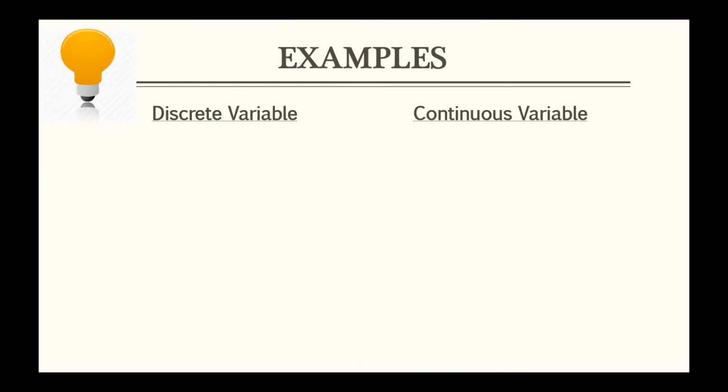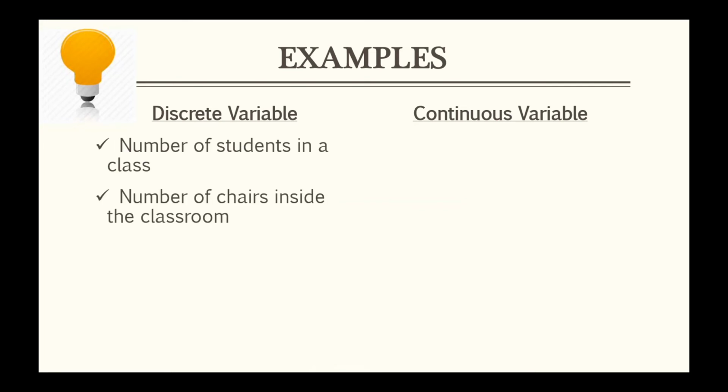Examples of discrete variable and continuous variable. Under discrete variable, we have number of students in a class, number of chairs inside the classroom, number of apples on the table. The examples under discrete variable can only be attained through counting. Say we have 50 students in a class. There are 10 chairs inside the classroom.